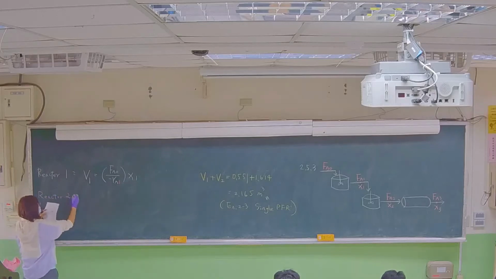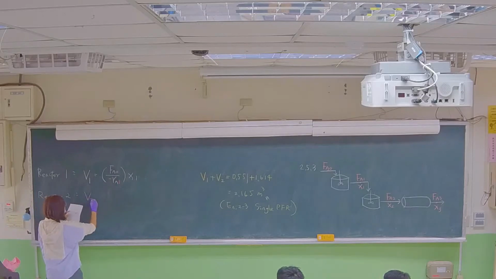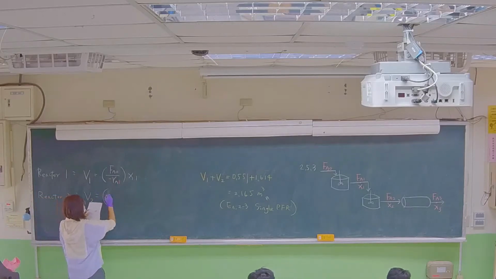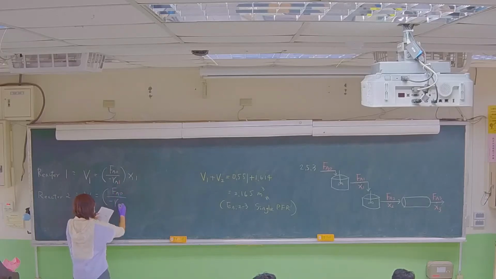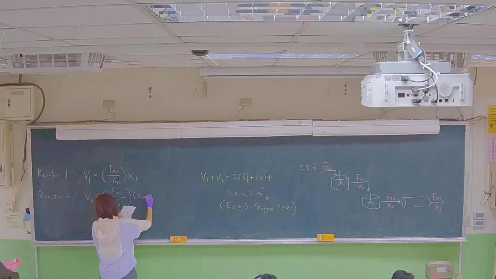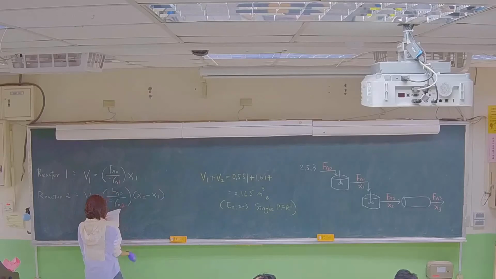Reactor 2 is still a CSTR. V2 equals FA0 over reaction rate 2, times X2 minus X1.